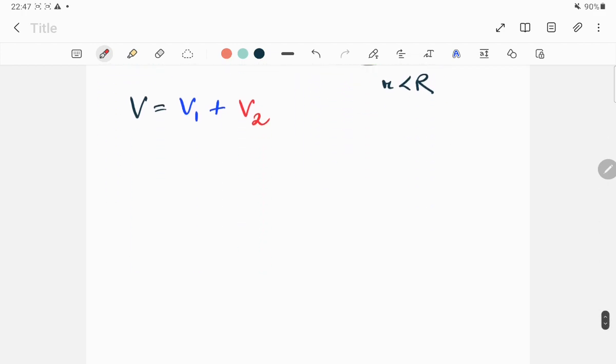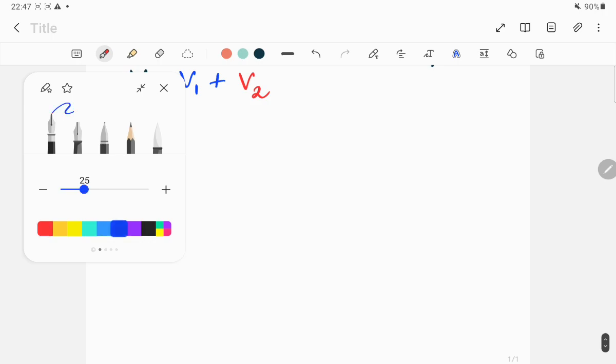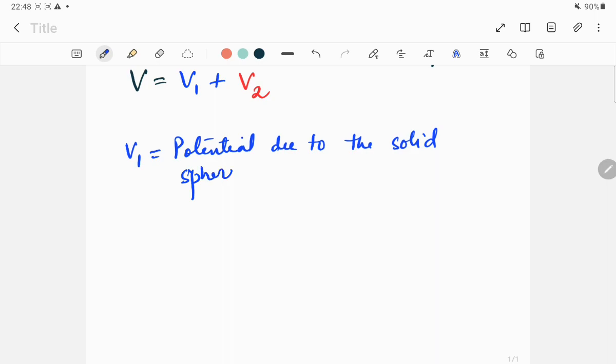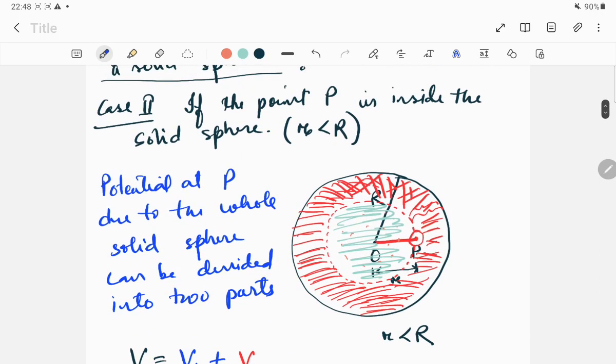So what is V1 here? V1 is the potential due to the solid sphere of radius smaller. So this one.